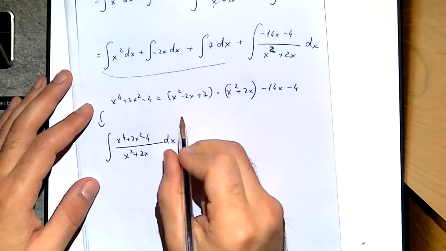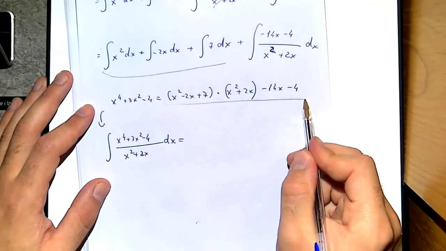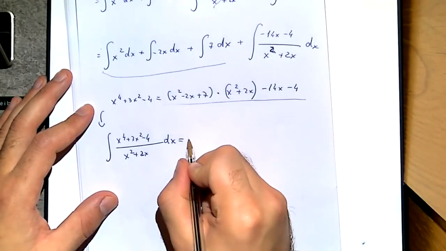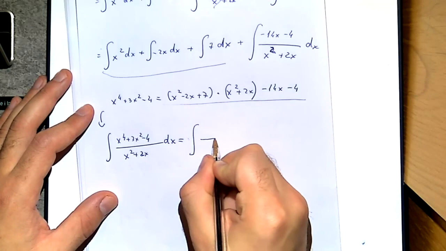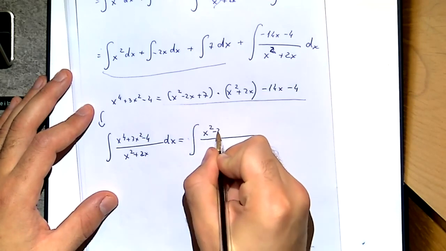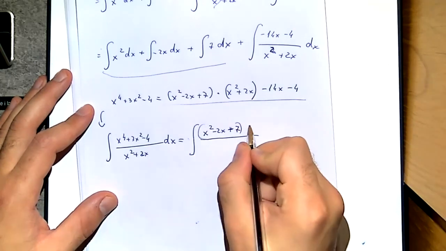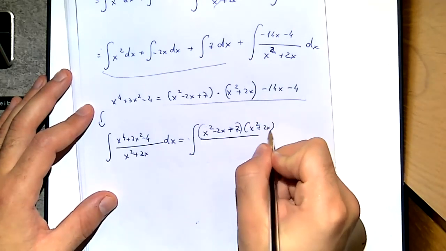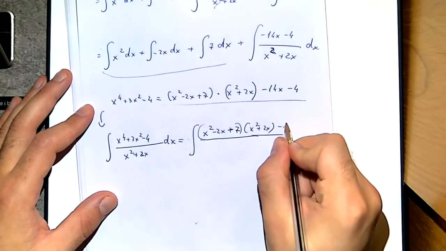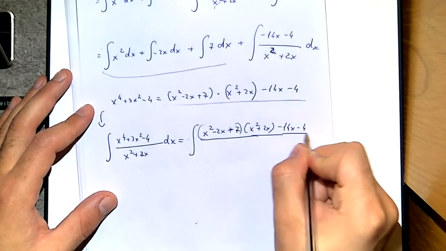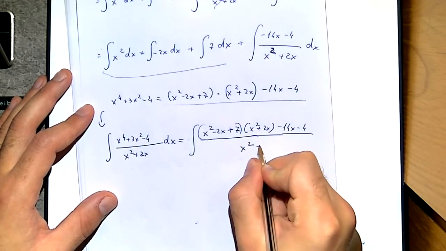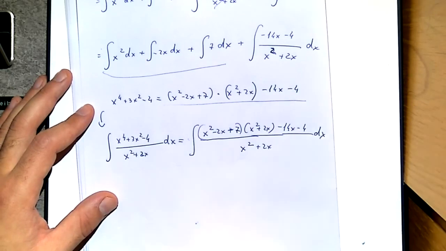If you apply this formula and replace it, you get the integral of ((x squared minus 2x plus 7)(x squared plus 2x) minus 14x minus 4) over (x squared plus 2x) dx.